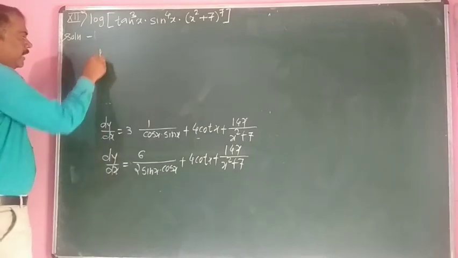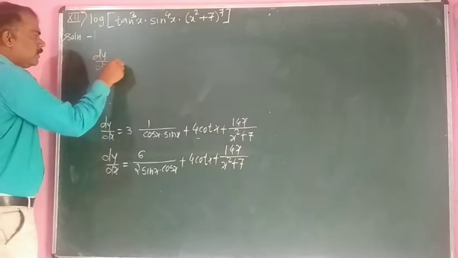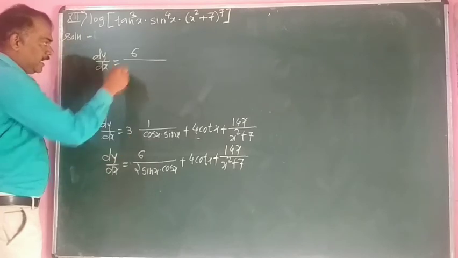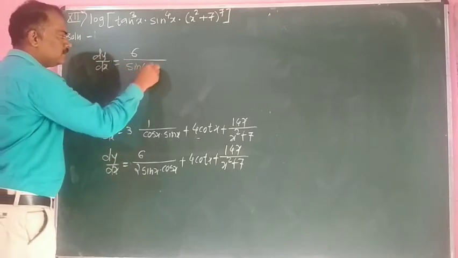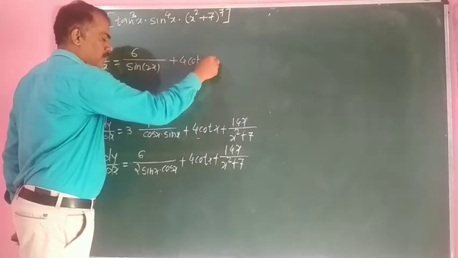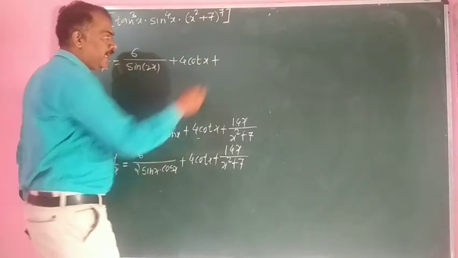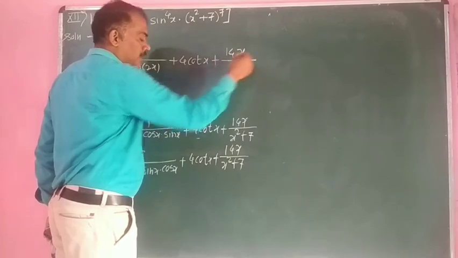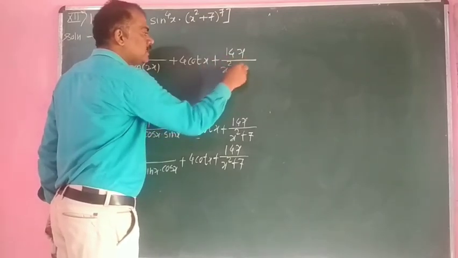That is dy by dx is equal to 6 divided by sin 2x, plus 4 cot x, plus 14x divided by x square plus 7.